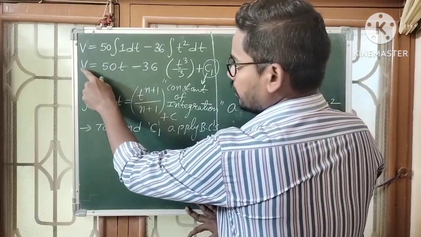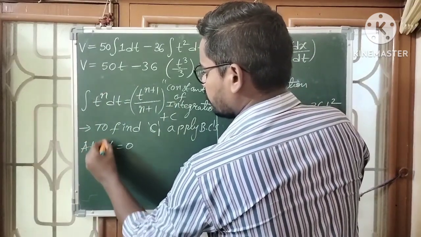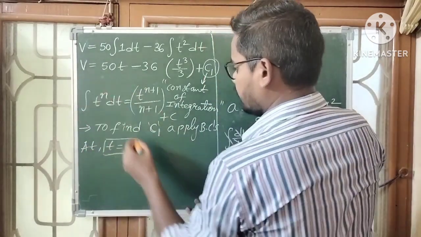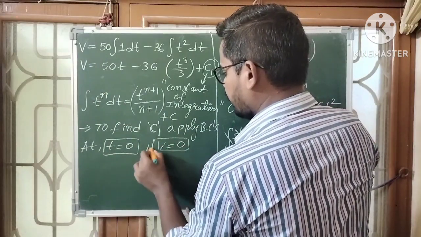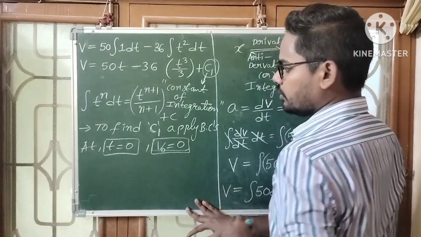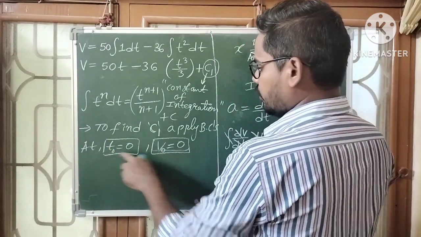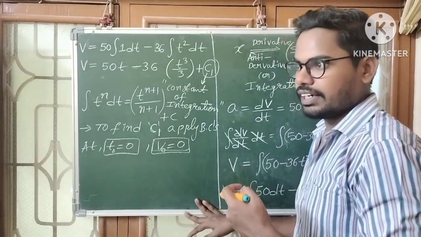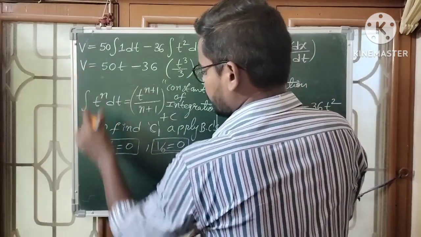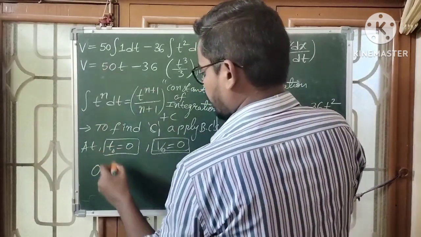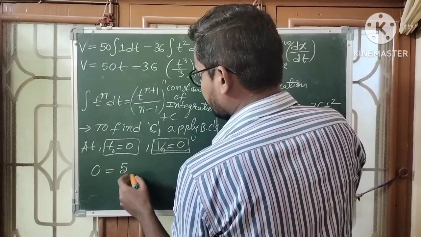At t is equal to 0, what is the value of velocity? V is also equal to 0. We consider V0. If t0 is equal to 0, V0 is equal to 0. Here t0, V0 means the particle starts from rest. Okay, just an indication. So put V is equal to 0, and at t is equal to 0, V is also equal to 0.